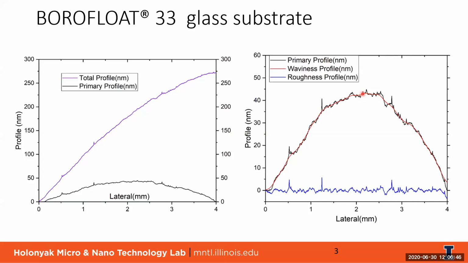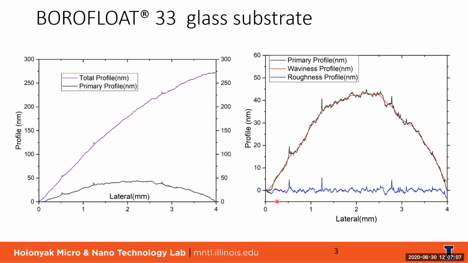So the way to extract the roughness, the short range height variation, is we apply a long pass filter. The long pass filter we set here is about 1/10 of the scan length. So for 4 millimeter, I set it at 0.4 millimeter.